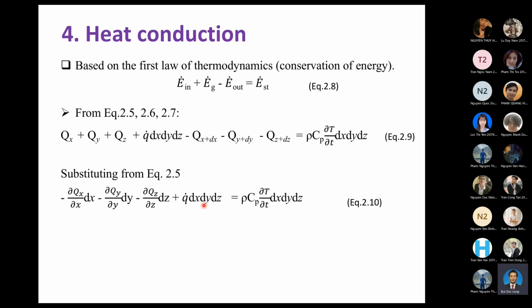Please remember that heat can be generated in the system; if not, this term will be equal to 0. Later we will discuss. This equals the heat stored in the system.